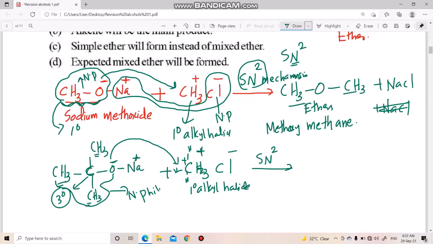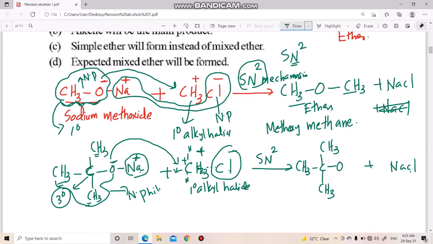At that time the C-Cl bond becomes weak, and this Cl combines with Na to form NaCl, same as the previous reaction. What is remaining? (CH3)3C-O-CH3.